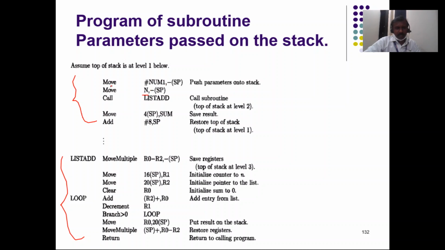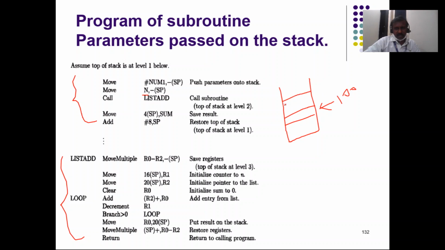So what we are doing, first move hash num1 minus SP. Let us assume the current stack pointer is 100, pointing to the 100th location. Let us assume num1 refers to the address 1000.